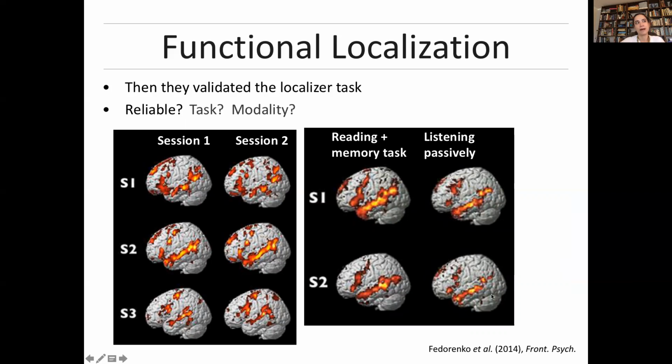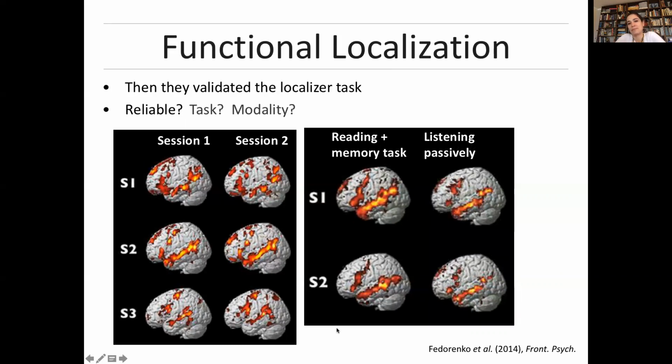And they also found that even if individuals weren't asked to respond to the sentences, when they just listened passively to the sentences, they also found the same clusters of activation. So this tells us that this individual variability across individuals is not due to noise.